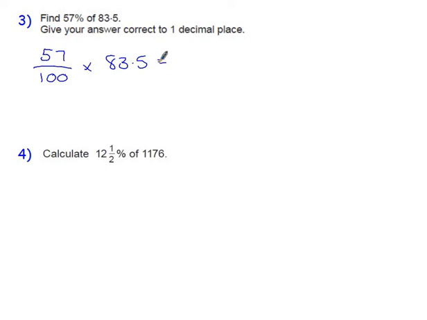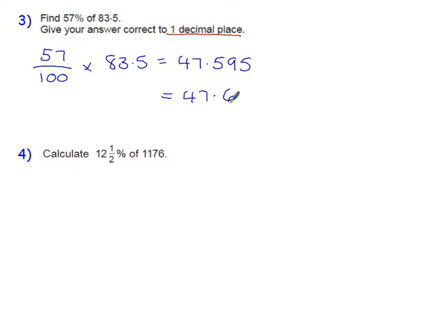If you enter that into your calculator, you will get 47.595. Now we haven't actually answered the question yet because it's asked us to put it into one decimal place. So the answer is 47.6.